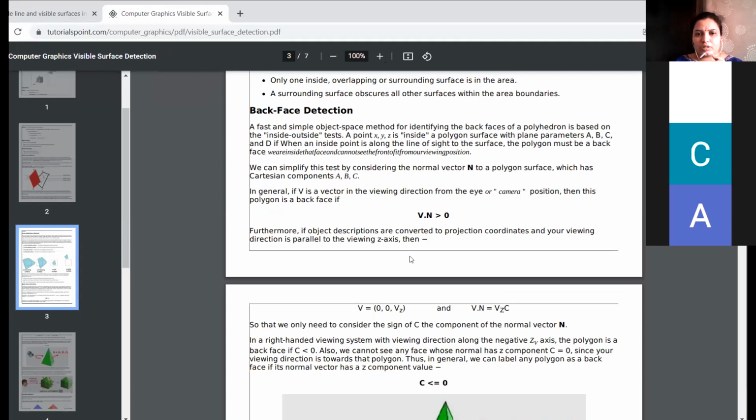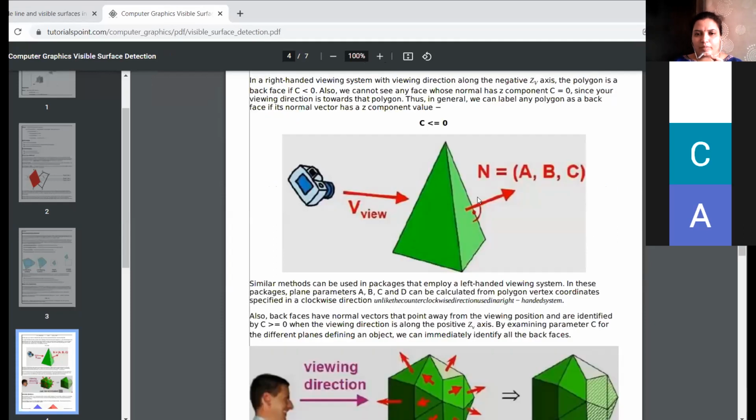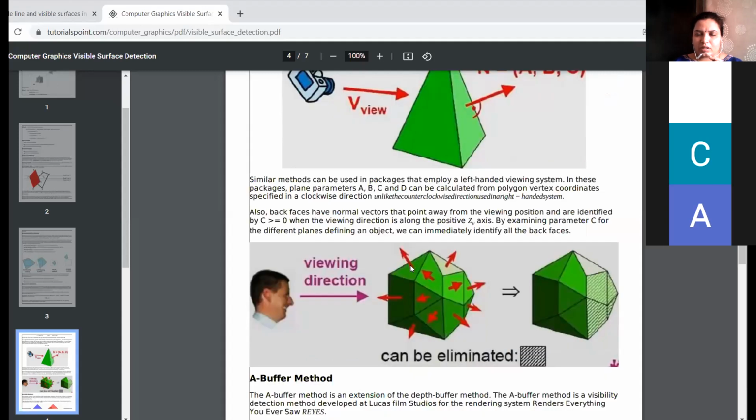Yes. So in this particular diagram, you can see the viewing direction or camera direction is on this side, and the normal is moving away from the viewing direction, so that face becomes invisible or hidden with respect to the view. Here is another example in which the hidden portions are those where the normal of that surface is moving away from the user side.